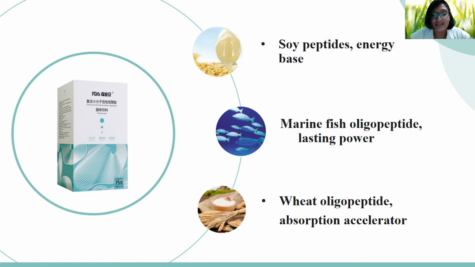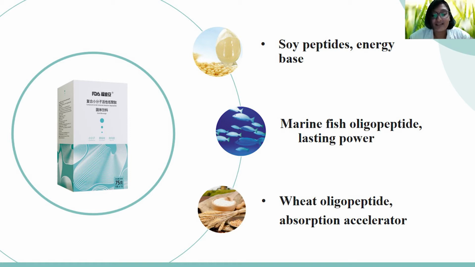Not only does it help to synthesize collagen, it also repairs various damaged tissues. Third is wheat oligopeptide, made by enzyme purification technology. It's extracted from wheat. It dissolves quickly and is free from impurities or precipitation.